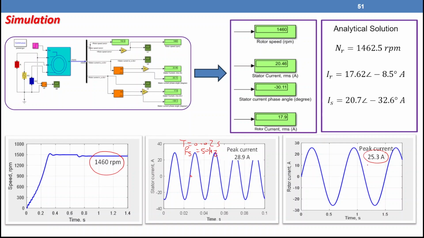But for the rotor one, we have a waveform with time here something like 0.8 second, where FR equals 1.25 hertz. So slip equals FR over Fs, which gives you 2.5% or 0.025. So now the simulation confirms the analytical solution. So now it's time to give you an exercise to test yourself.